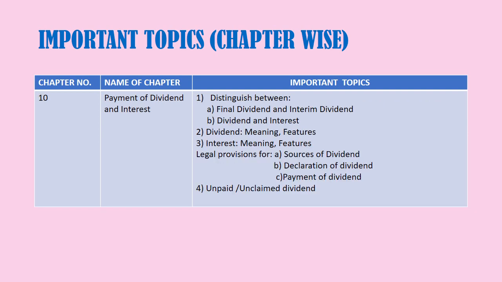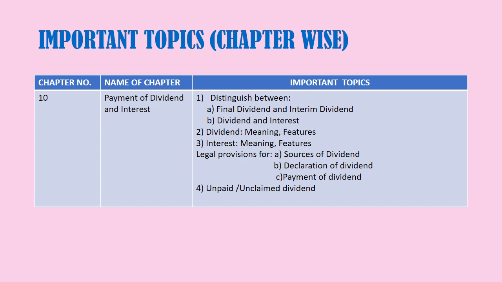Then the next is the 10th chapter, payment of dividend and interest. In this we have distinguish between final dividend and interim dividend, which is very important. Then we have dividend and interest, distinguish. This is also quite important, and it is asked for 4 marks.